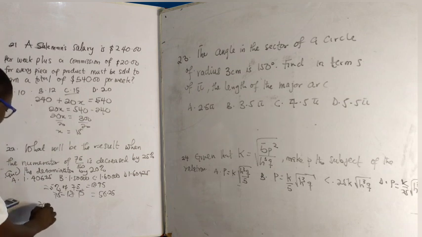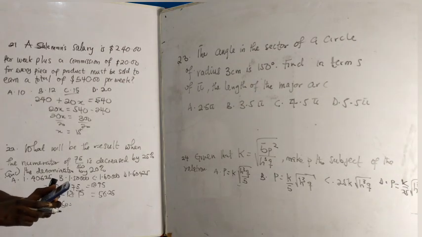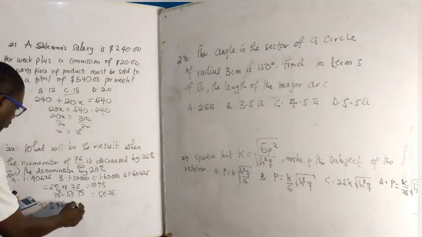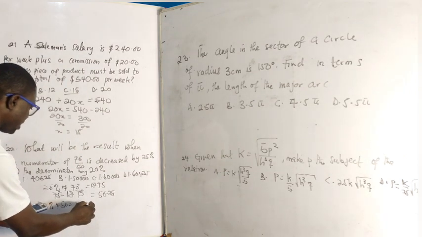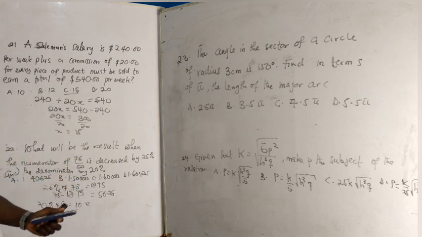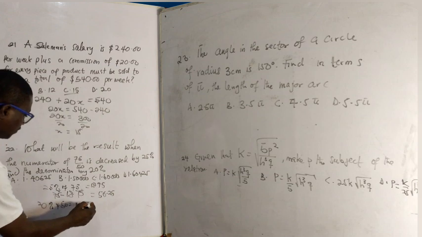Now let's do that for the 20% on the 50. So 20% of 50 means 20 divided by 100 times 50. You all know that it's going to give you 10. When you reduce it by 10, that means you are going to have 50 minus 10, which gives you 40.